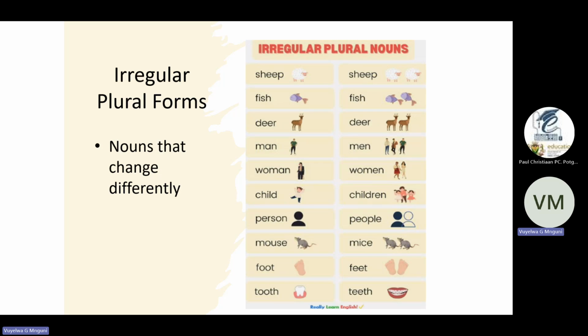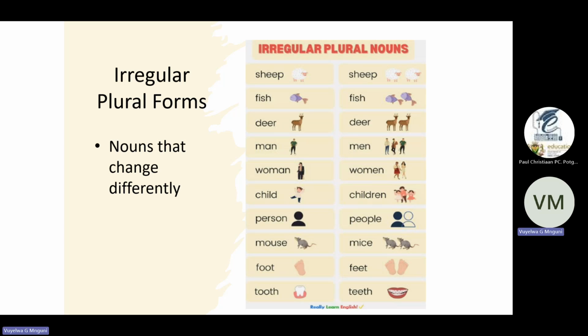Surely you'll ask yourself, what is going to happen if we have plural forms that are not regular? These nouns change differently, or change the words. Let us look at the examples there. We have sheep.